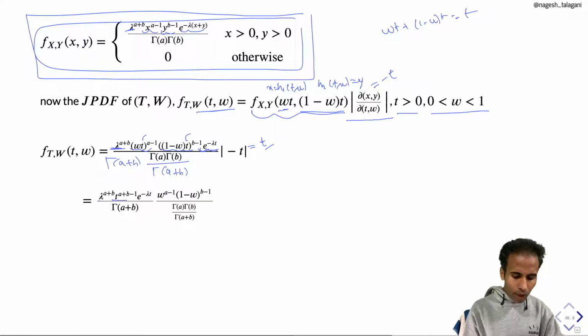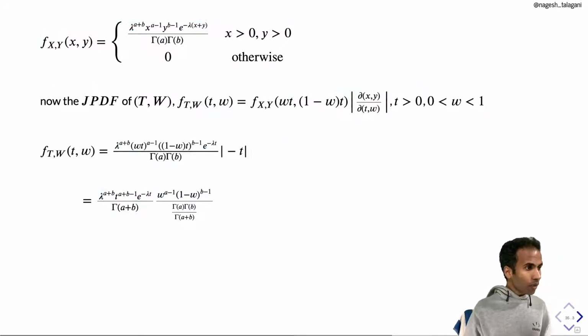So we have t to the power of a plus b minus 1 and e to the power minus lambda t by gamma a plus b. And we have w to the power of a minus 1, (1 minus w) to the power of b minus 1, by gamma a times gamma b by gamma a plus b. This is nothing but beta(a, b). Okay, fine. Let me clear this.